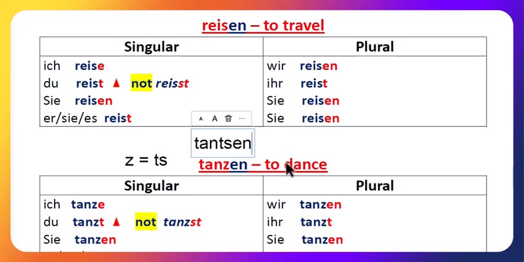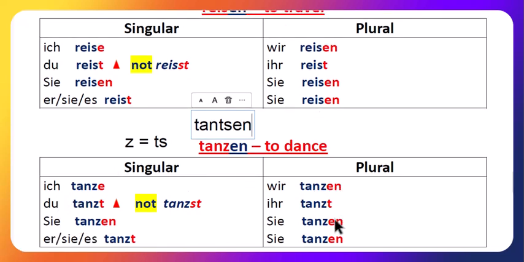We should just say "to dance", reisen, and just say "to travel". Tanzen is the same thing. Er tanzt, not tanz.